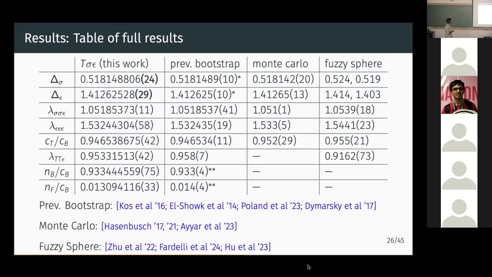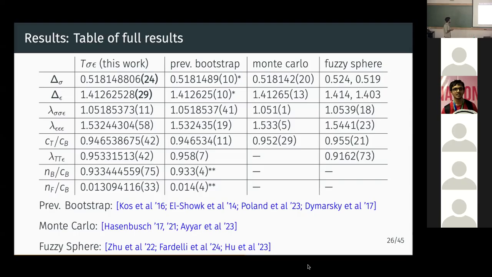Now here are our actual results of the different CFT data. So we have effectively 2 more digits on the delta sigma and delta epsilon relative to what we had before, as well as several more digits on the various OPE coefficients and the central charge. Something new here is that we have access to this lambda TT epsilon that I mentioned earlier.